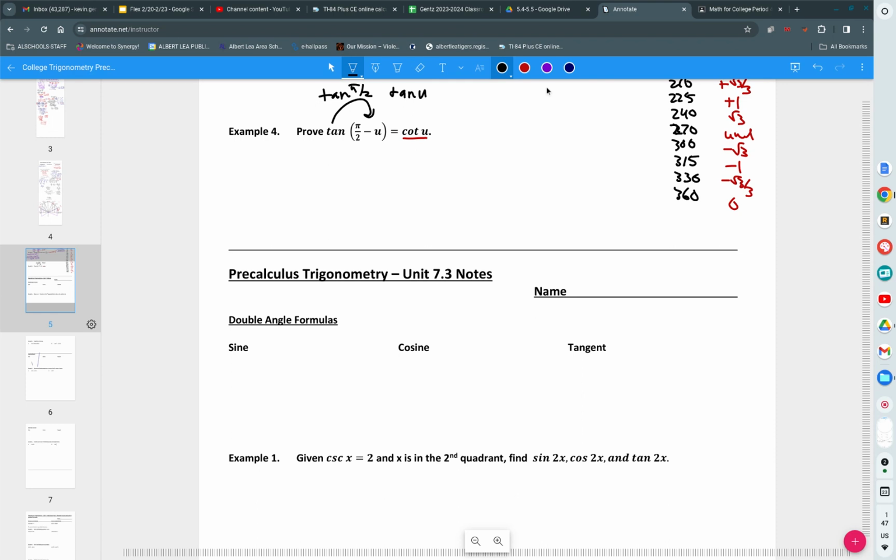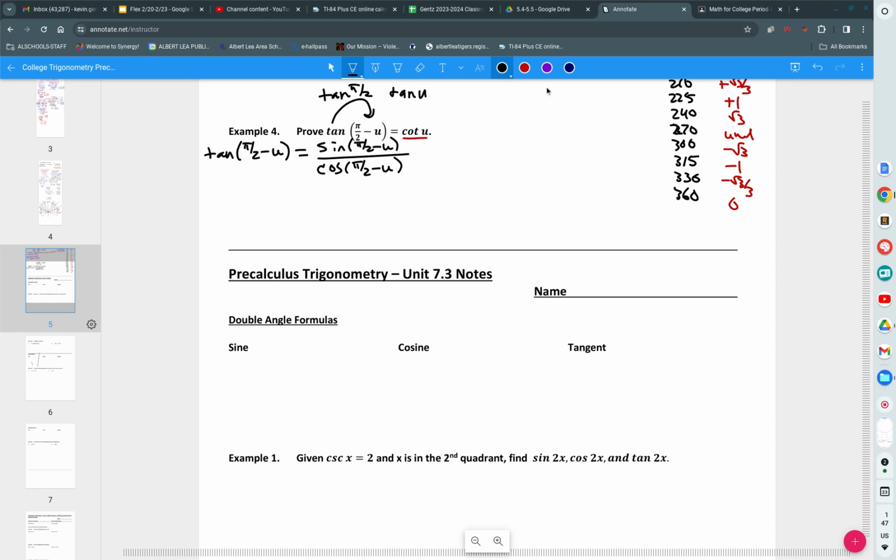Okay. Tangent of pi over 2 minus u is equal to the sine of pi over 2 minus u divided by the cosine of pi over 2 minus u. That is my first step of the proof.